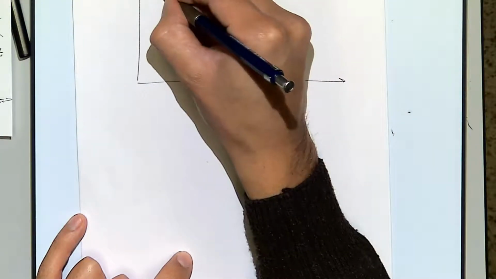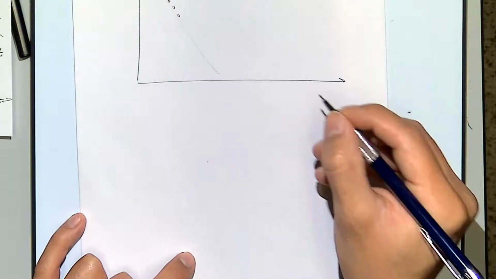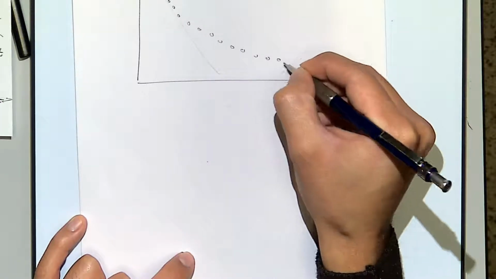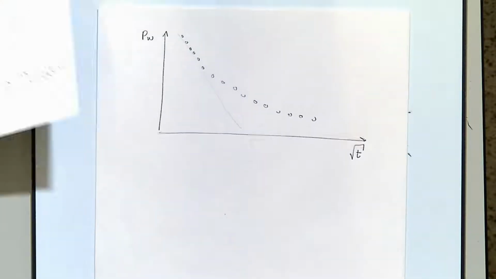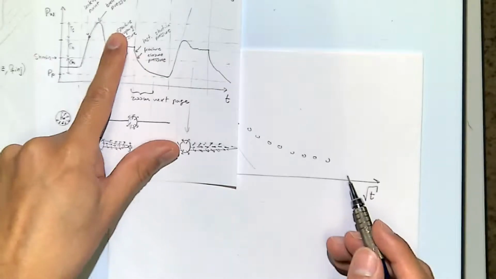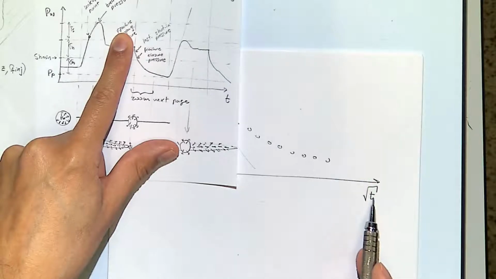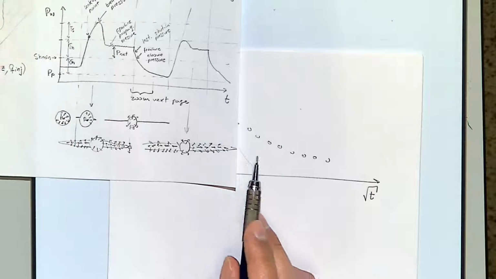Your pressure signature, in ideal cases, sometimes a little bit more complicated, is going to look more or less like this when you plot pressure as a function of the square root of time. So you get this data of pressure as a function of time, make this time equal to 0, and then start measuring from that square root of time, and you will see that you can make this plot.